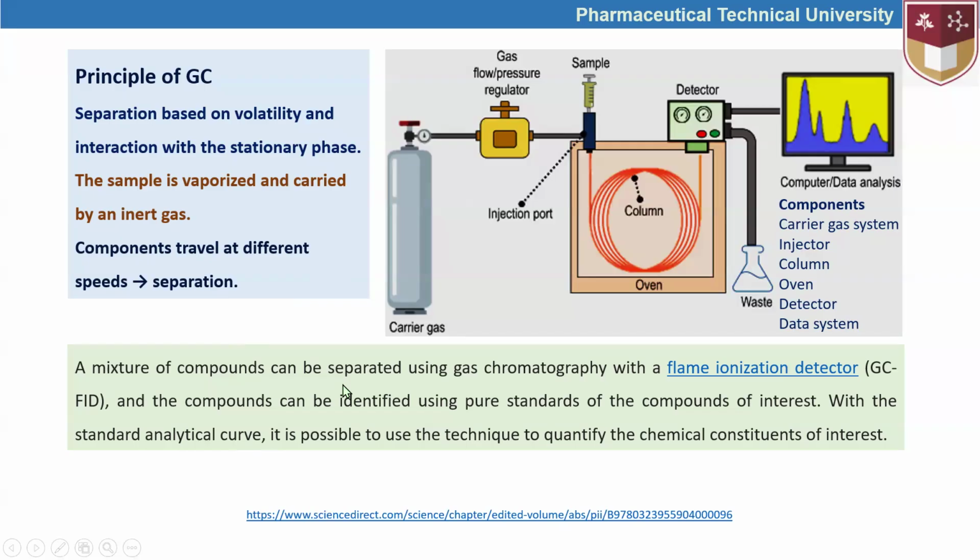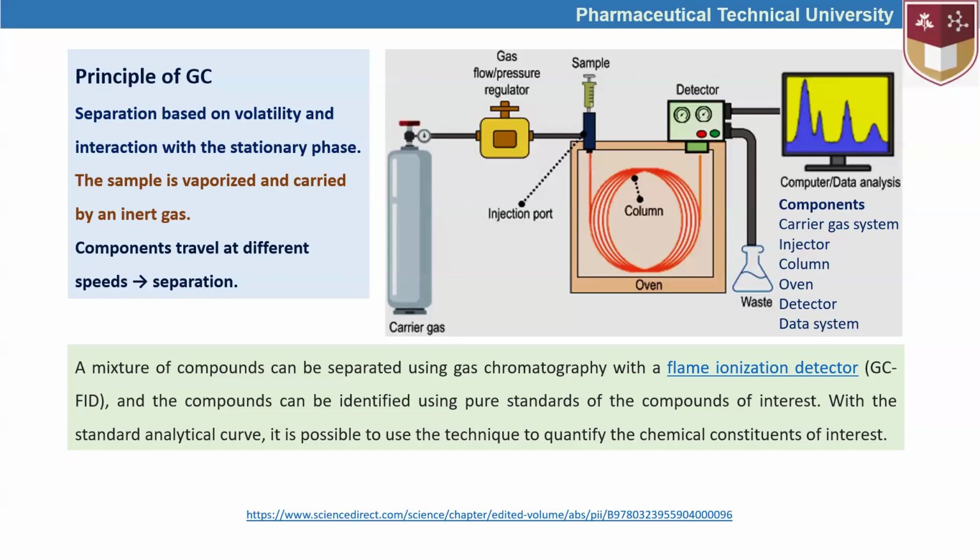A mixture of compounds can be separated using GC with a flame ionization detector. There are different types of detectors. We are going to talk about detectors a bit later. The compounds can be identified using pure standards of the compounds of interest. As we use standards in HPLC, we can use these standards here as well. But the advantage of GC over HPLC is that even without these standards, it is possible to identify the compounds.